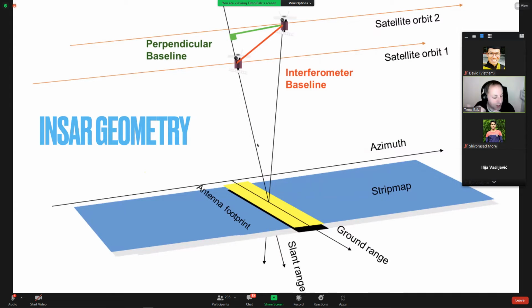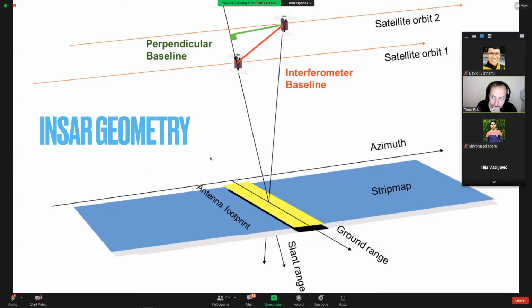That's also the direction in which we measure everything. So the DEM, or the motion we measure, is measured in this slant range direction. Sorry, a bit, not so straight a line. That is the measurement direction that we have.